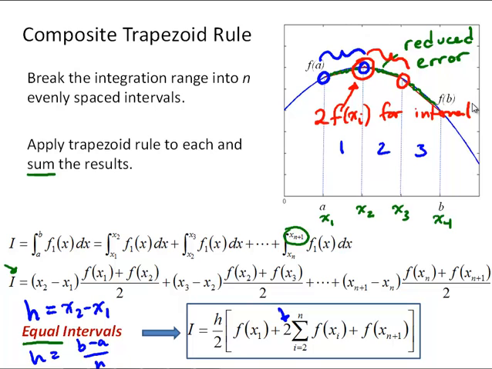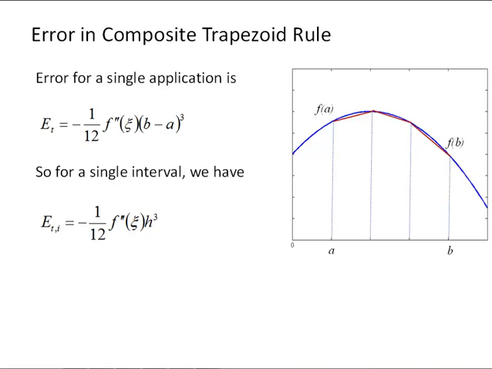So let's look at the error behavior of this composite trapezoid rule in a more quantitative fashion. So we know that the error for a single application is -1/12 times f double prime times b minus a cubed. So for the ith interval, the error is f double prime of zeta, where zeta is some value in that ith interval, times h cubed, where h again is the width of that interval.